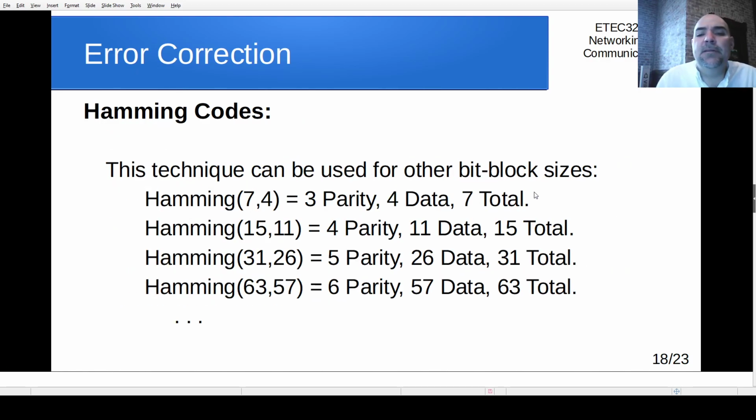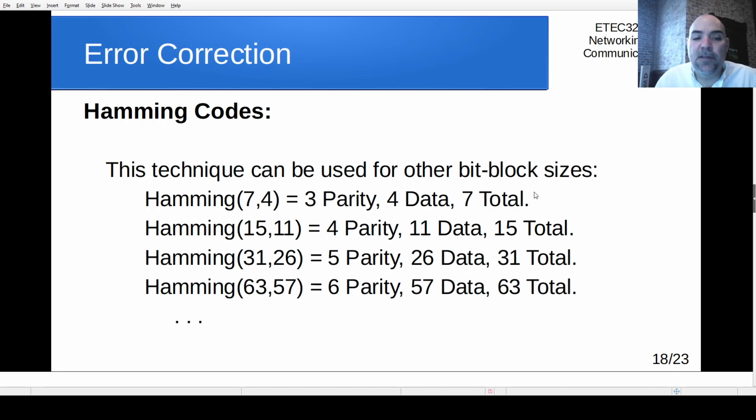In Hamming code terminology, you notice we have that Hamming (7,4) in parentheses after that. That is the typical way of describing these codes. So the one that we just did was Hamming (15,11) because we used 4 parity bits.